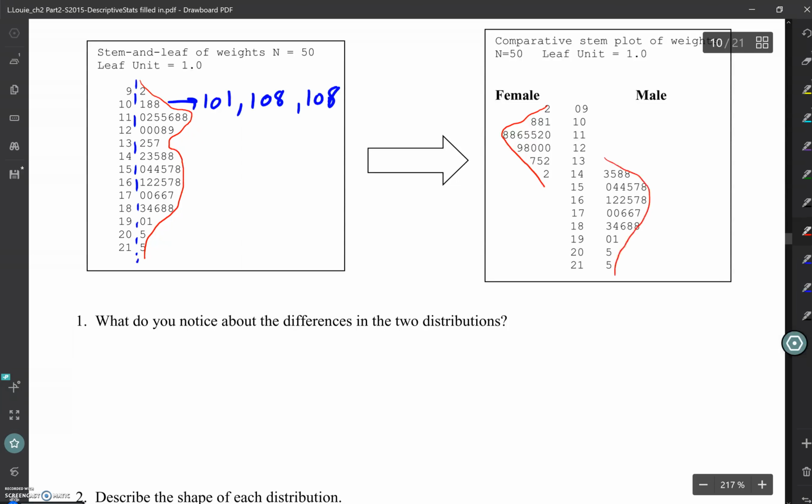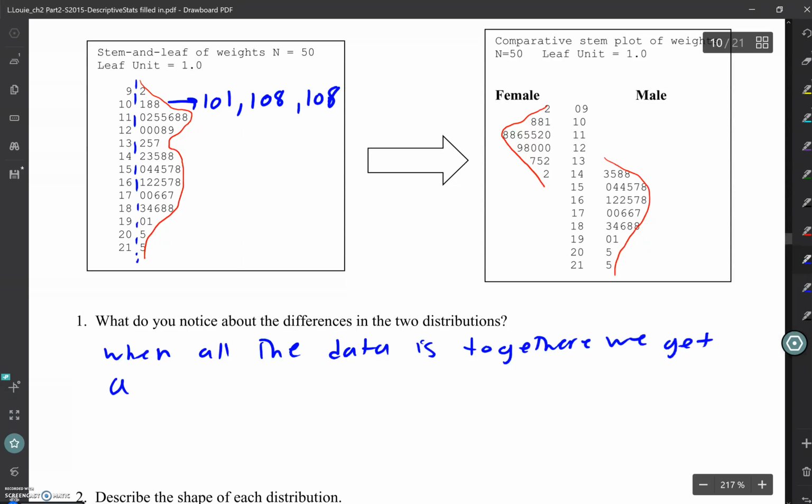They look more unimodal, right? So when all the data is together, we get a bimodal model.